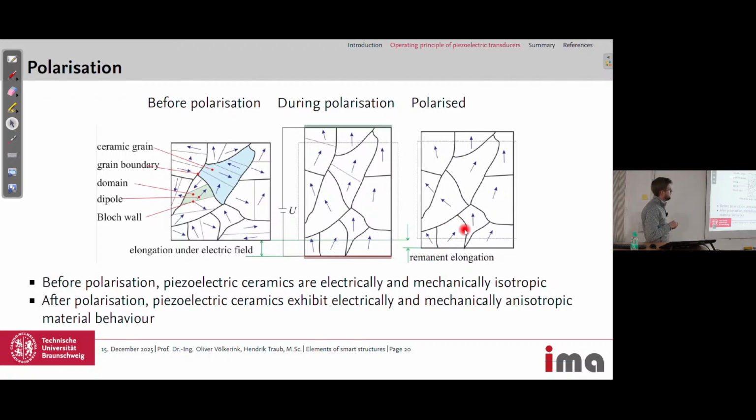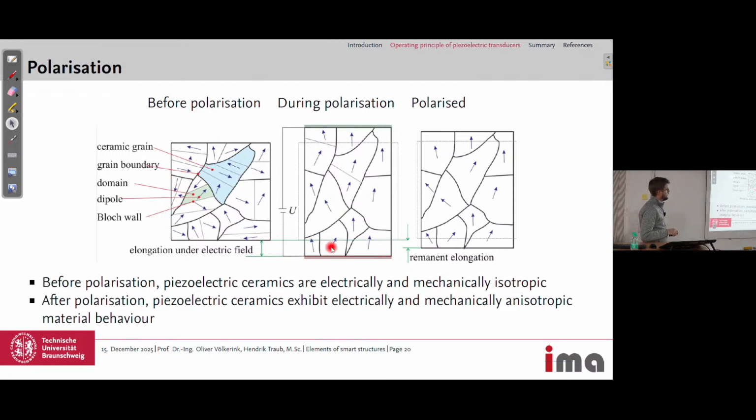And if we then remove the field again, it results in a polarization state, but it's not as oriented as during the polarization. It goes a bit back, or some of the polarization is lost. Regarding the piezoelectric effect, meaning the electromechanical behavior, if we apply the electric field, the crystal is elongated compared to its spontaneously polarized state.